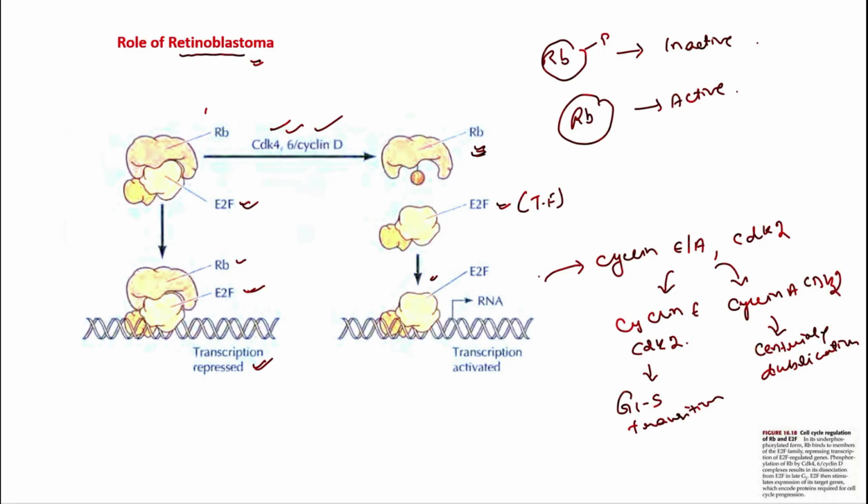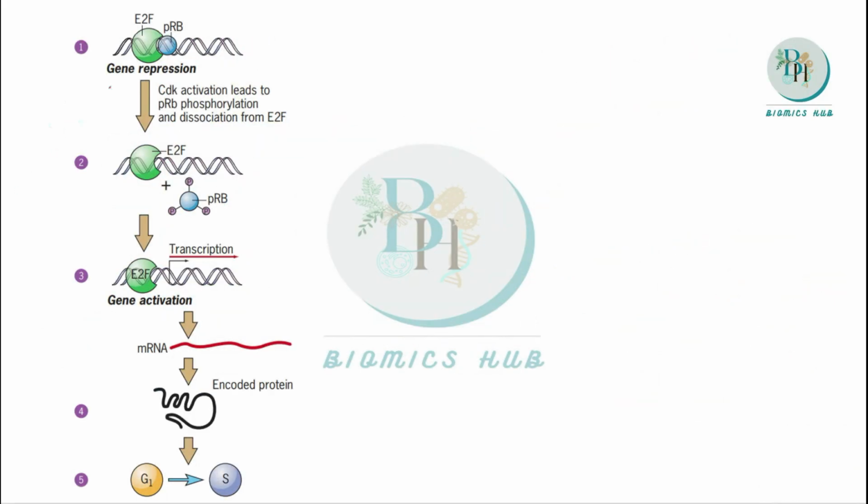Okay, let us now again see how RB is working. When RB was capturing E2F, the gene was repressed. That means the activation of cyclin E, A and CDK2 is not being done here. When cyclin and CDK come and bind with RB, it phosphorylates RB and there is a dissociation of E2F.